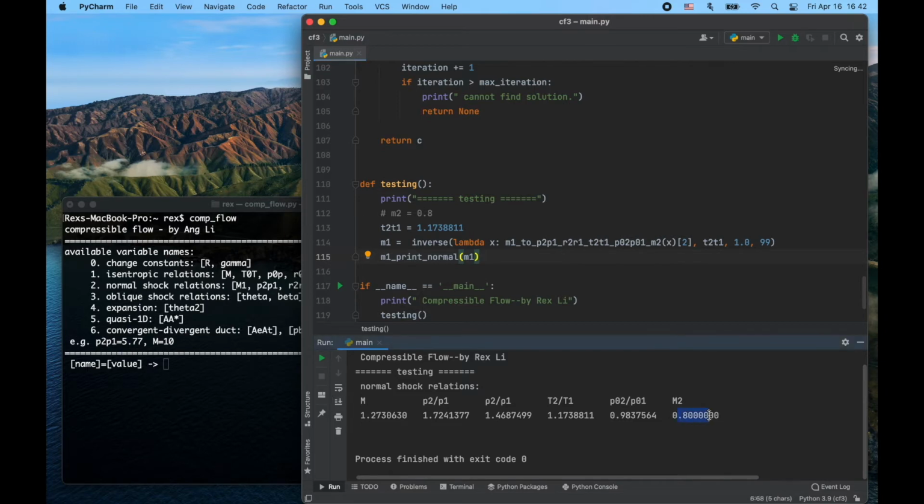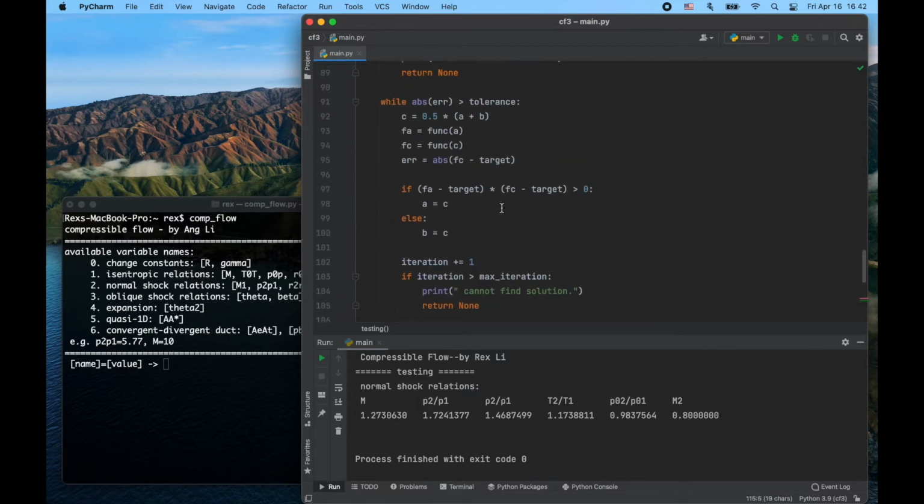So yeah, Mach number 2 is 0.8. This is how we implement the inverse function. And now we are able to find M1 with any of these values and print it out like that.